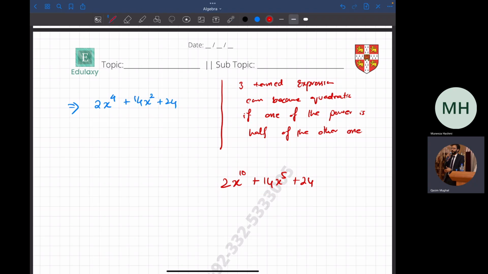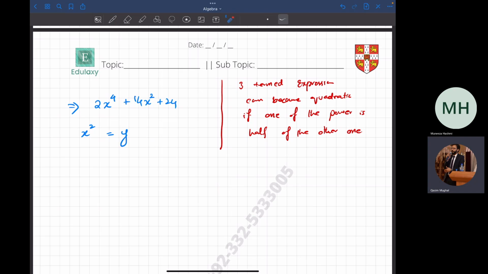Now, how to do that? Simply, you will be using simple mathematics. This expression is in x, so you're going to introduce a new variable. Let's just say y. So you're going to assume that x squared is equal to y.